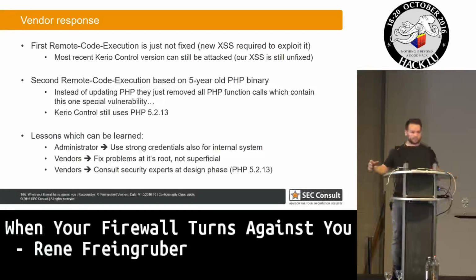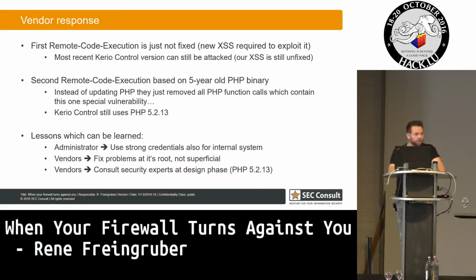So you can just take another PHP function with a publicly known vulnerability and write an exploit for it again. It's just an example, and this really shows that they are not fixing the problem at its root, they're just superficially fixing the problems, which is really bad.